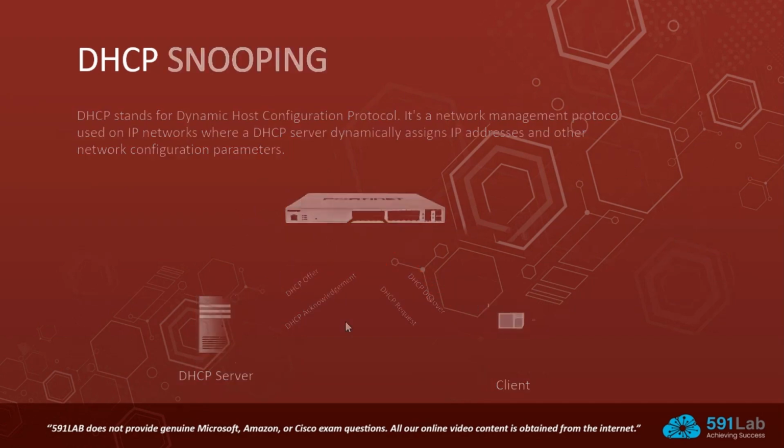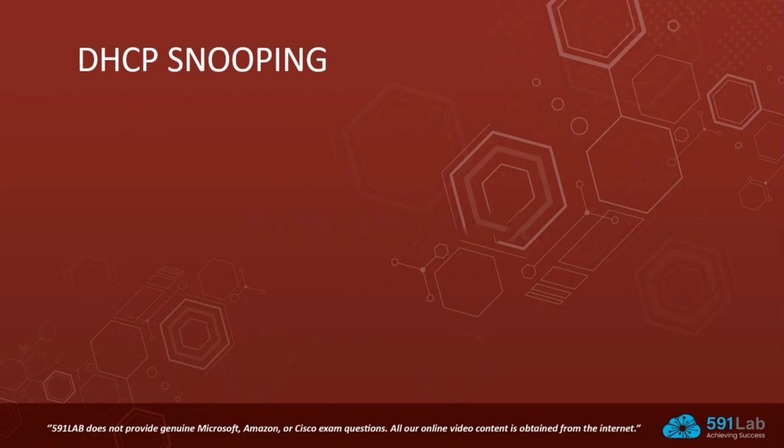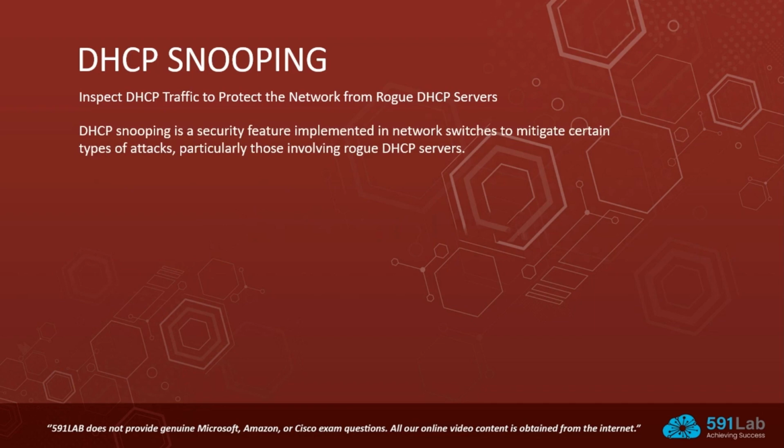Now let's understand what DHCP snooping is. DHCP snooping is a security feature implemented in network switches to mitigate the risk of rogue DHCP servers on a network. A rogue DHCP server could potentially distribute incorrect or malicious IP configuration information to devices on the network, leading to connectivity issues or security vulnerabilities.